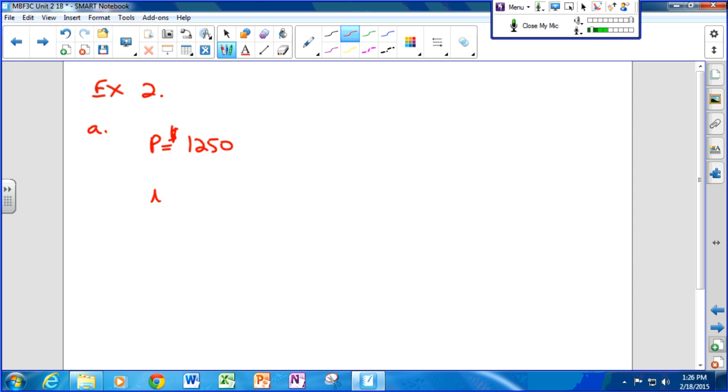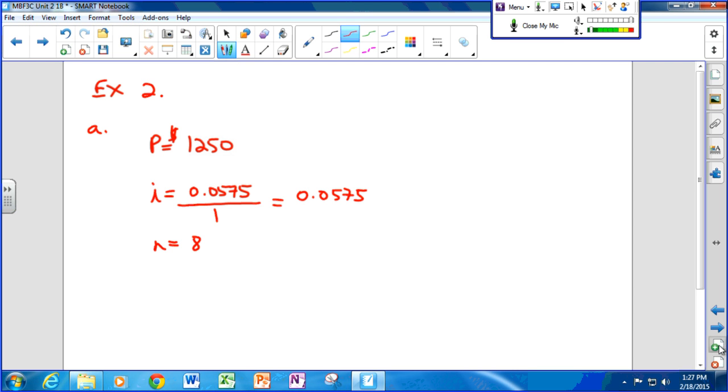Our interest is 5.75%, so that's 0.0575 divided by compounded annually. Really we could have just skipped that and just said 0.0575. There we go. And our N, number of compounding periods per year is 1, so it's 1 times 8, which is 8. So that's how we're going to do that.